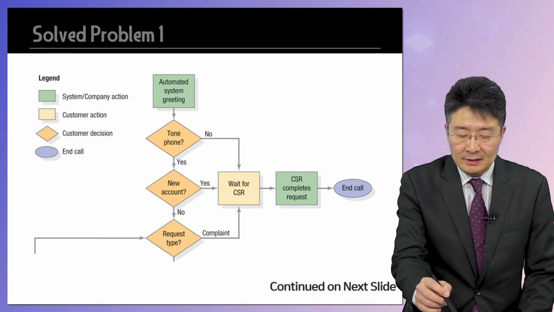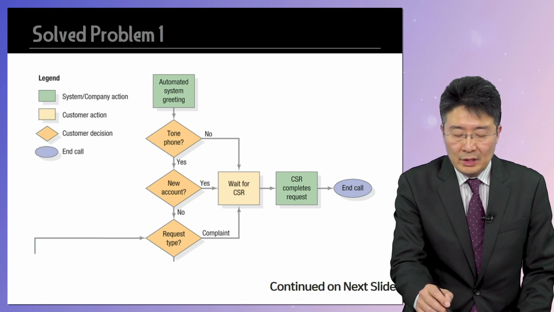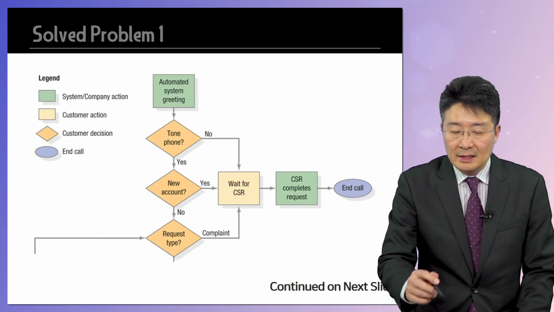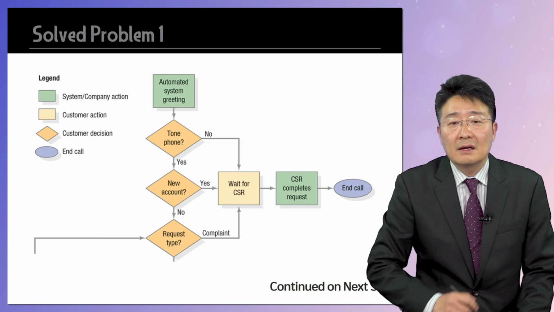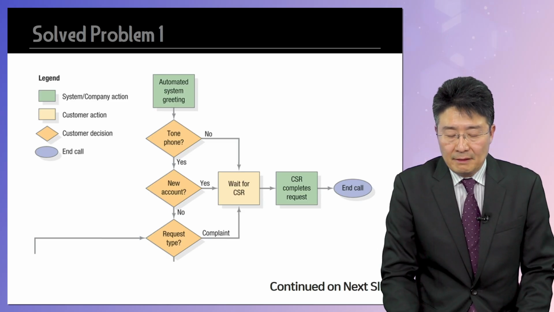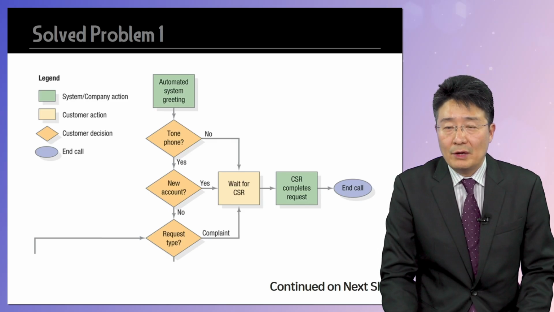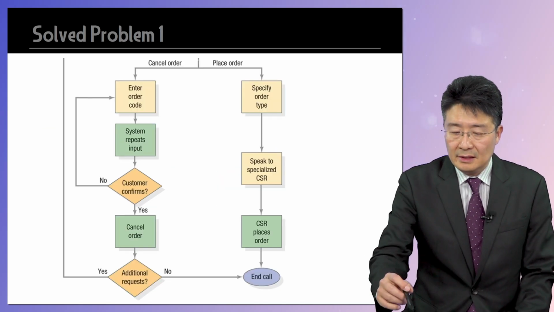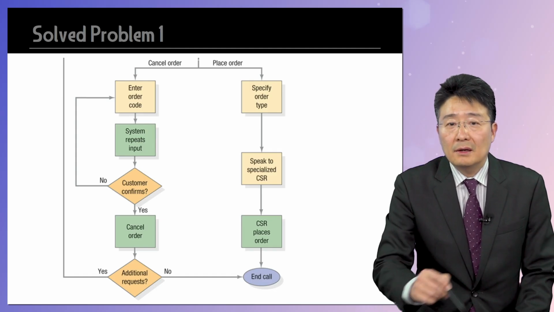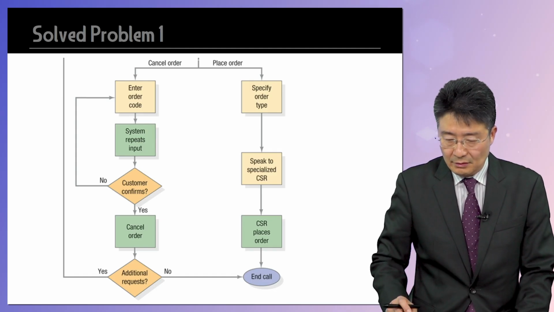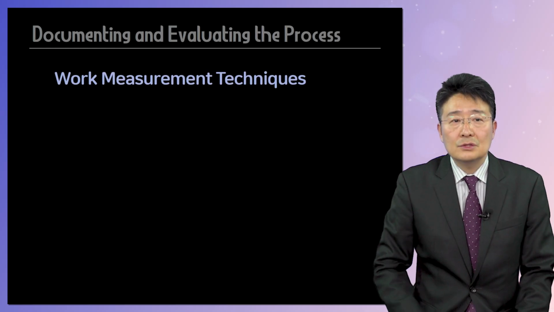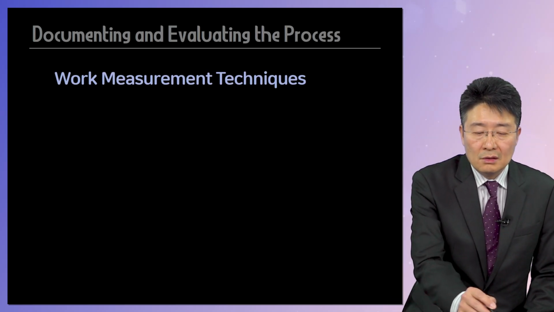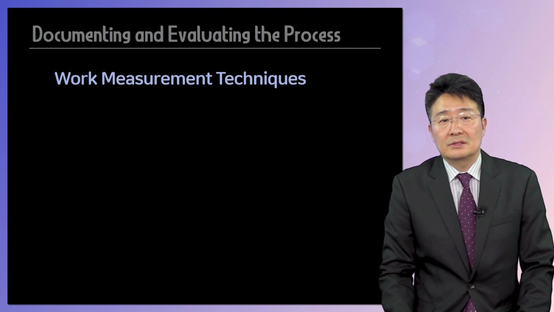And if it is no, we can go to request type. CSR stands for customer service representatives. So we can see the rest of the flow chart in here. This is one example, and we can move on to work measurement techniques.